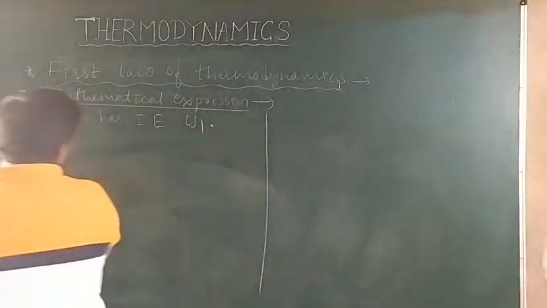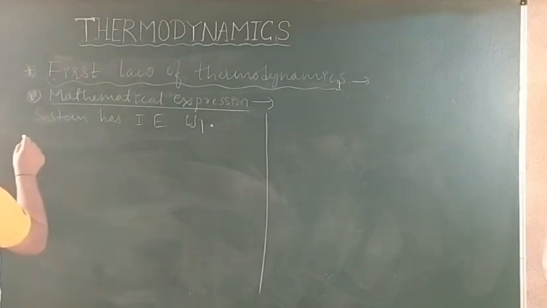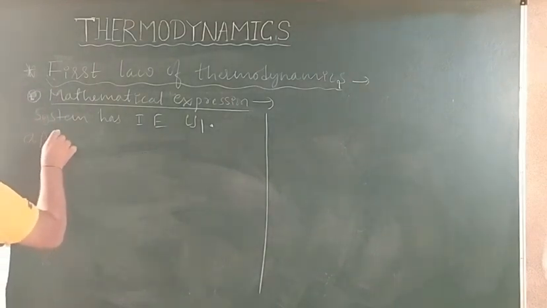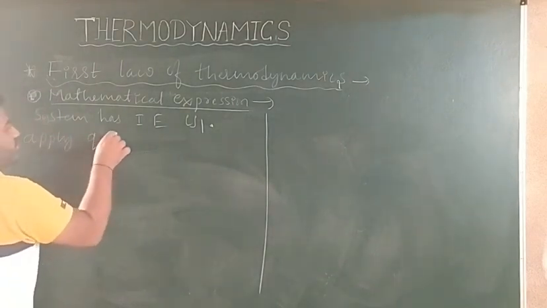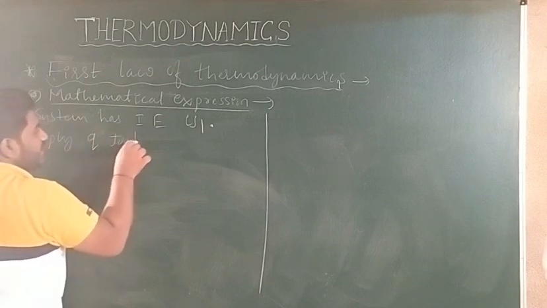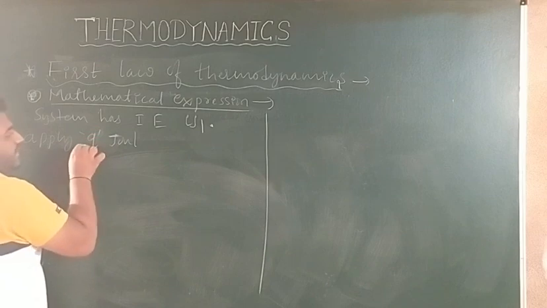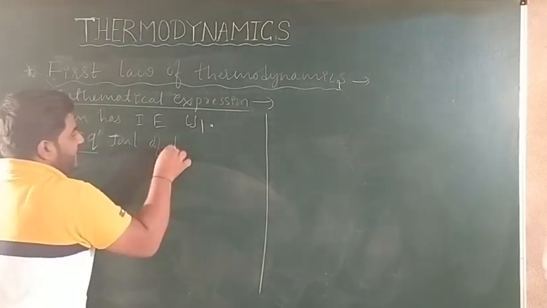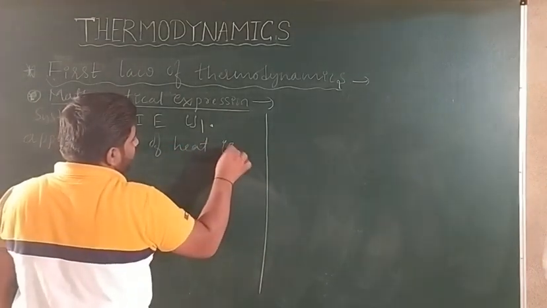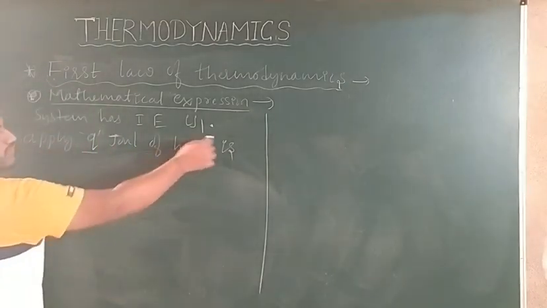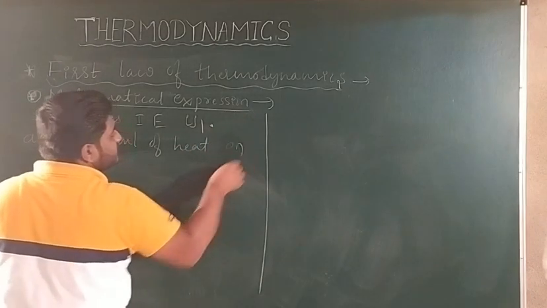So first method, what we do? We supply Q joule of heat, joule is the unit for heat. Q is heat. Apply Q joule of heat on the system.